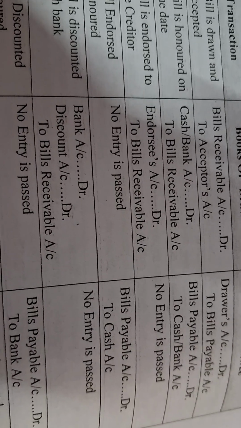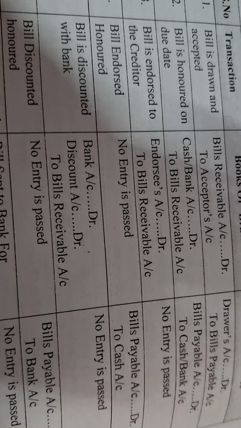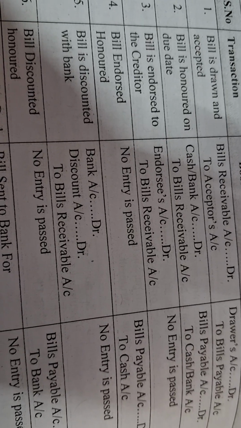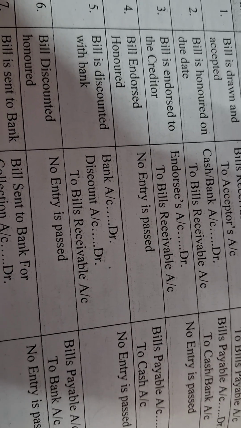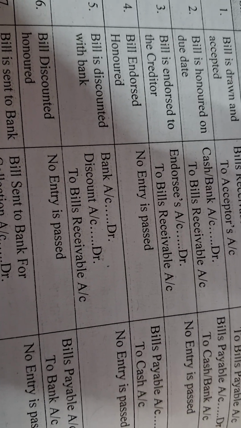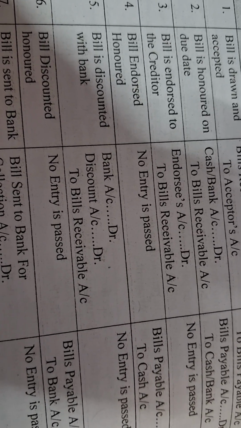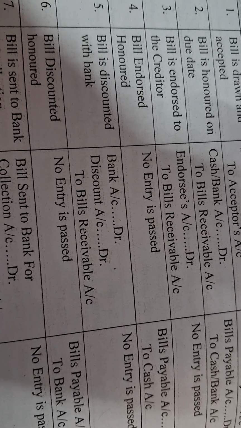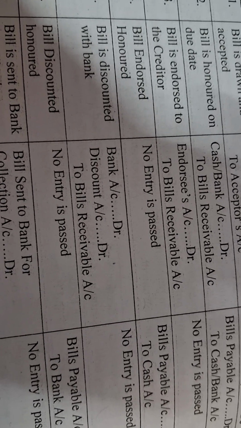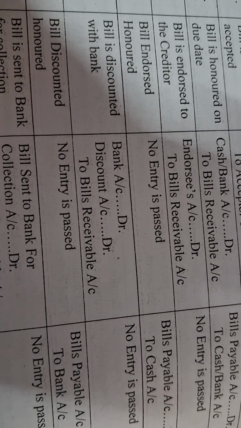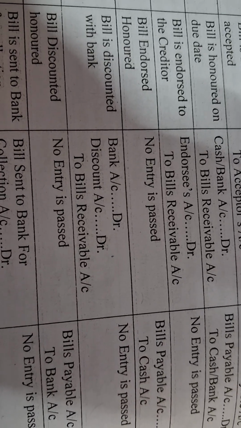And similarly, if the bill gets dishonored, the other case, when we were discussing the bill being honored in the previous situation, but here the bill is dishonored. When the bill is dishonored, then bank account debit, discount account debit to bills receivable account.